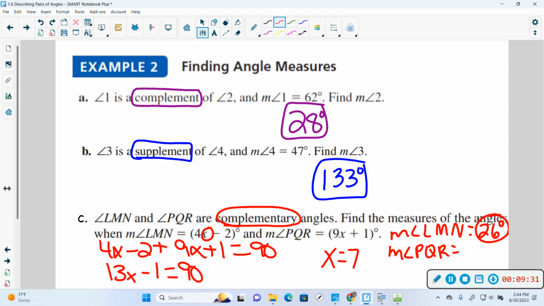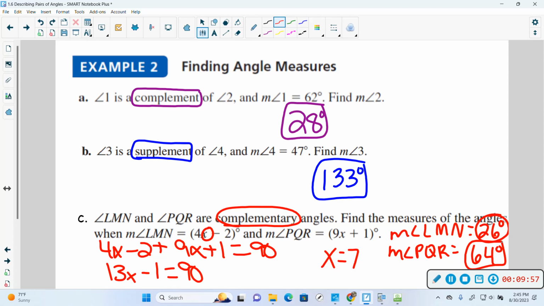Or, how much more do you need to get to 90? What's 90 minus 26? Anybody? 64. Or do 9 times 7 plus 1. Either way you cut it, you'll get your 64.